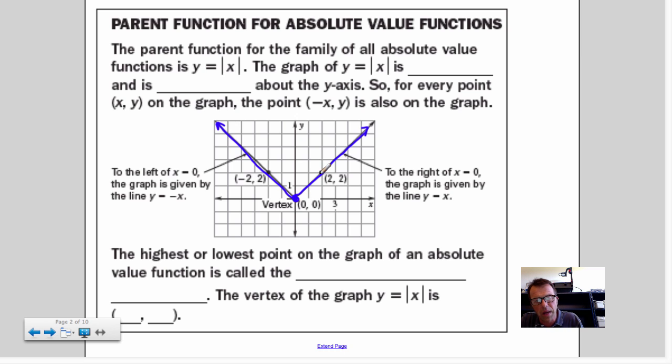We also see there are many points that make up this graph, but if we just pick 2, we see how symmetrical they are. So when x is 2 and we put it into the absolute value, we get an output of 2. And when x is negative 2, we get an output of positive 2. So we have these symmetric points. The next point would be positive 3, 3, and we have a symmetric point here of negative 3, 3.